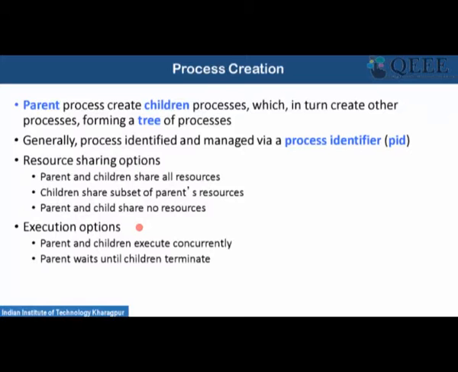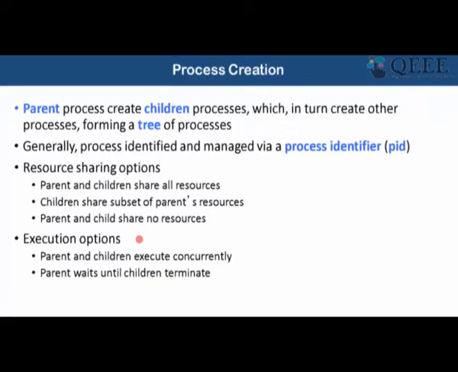Now if this is your application, then the parent process will divide the input array and then fork multiple child processes. The child processes will each get one part of this array and do the local sorting on that part, and the parent will wait until the children finish that local sorting.